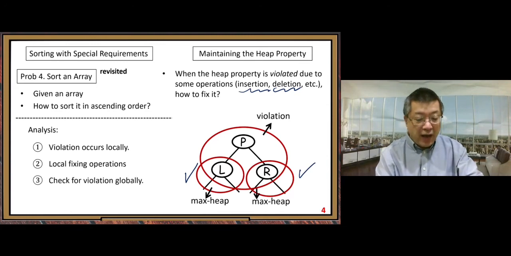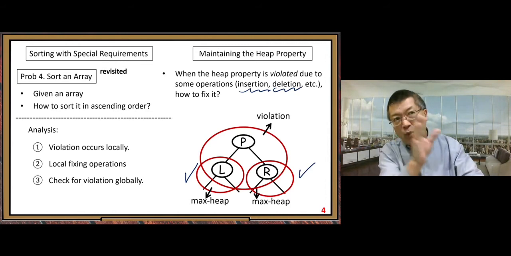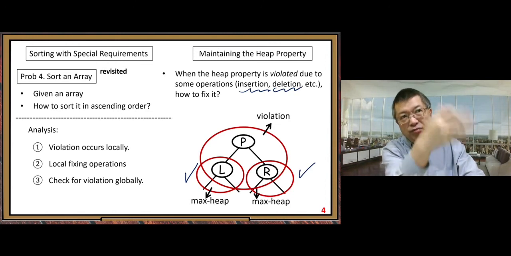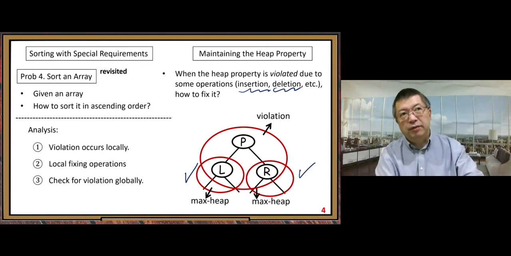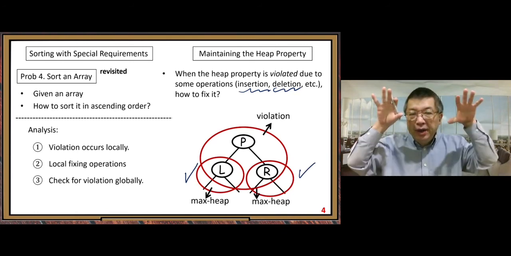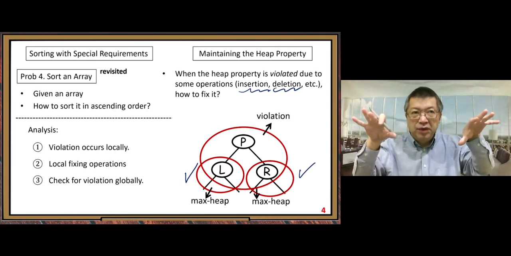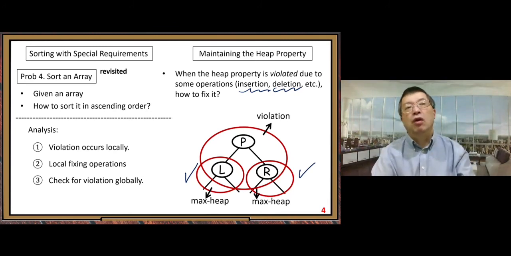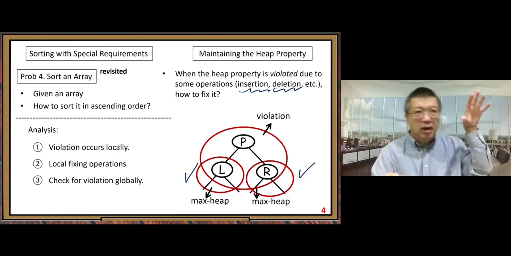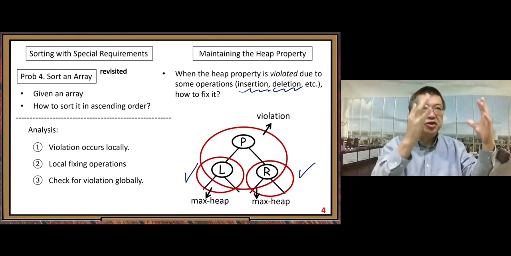After that, check for violation globally. That means if we touch a part, if we change the value of the node, here, these two places, then we need to keep checking the whole subtree, the same way, the parent, left child, right child relationship.